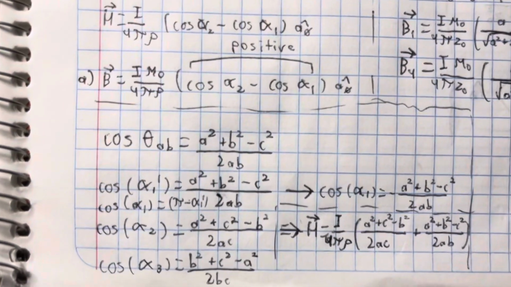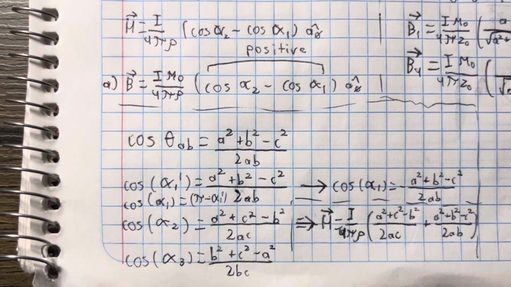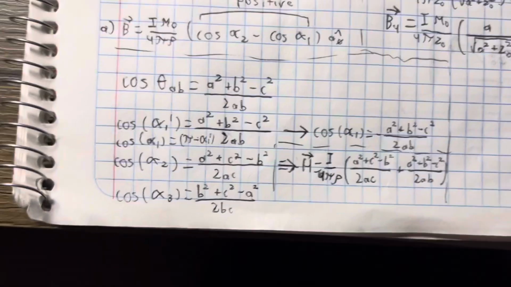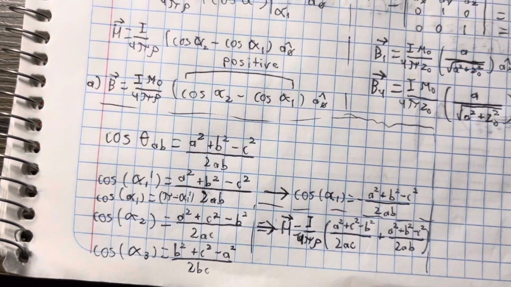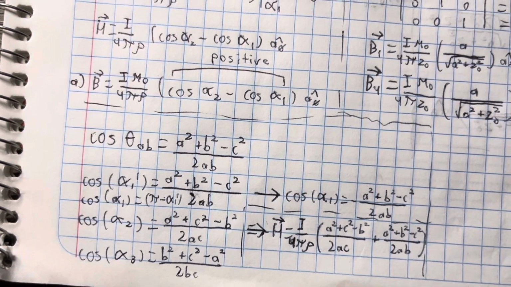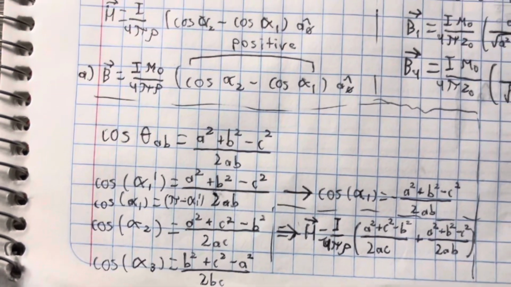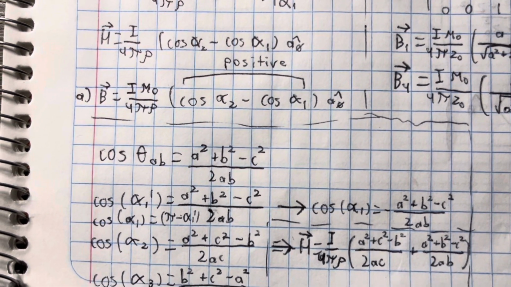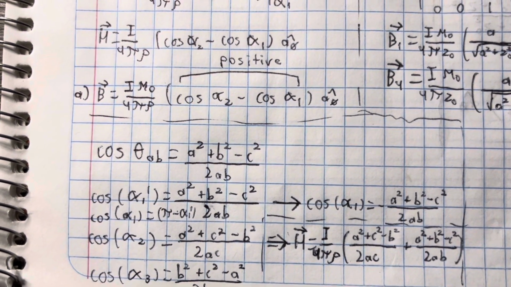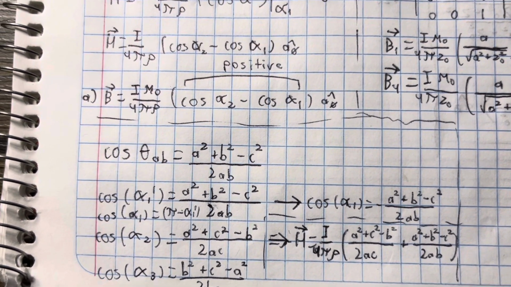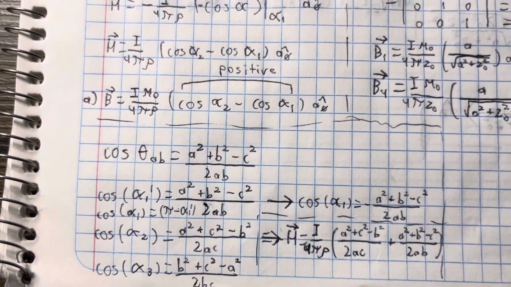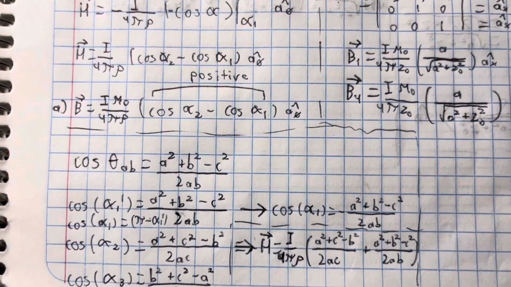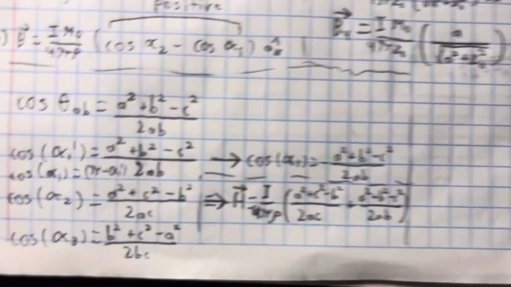Cosine of alpha 3 we don't need. But cosine of alpha 2 was basically this, and cosine of alpha 1. To get cosine of alpha 1, we just have to use cosine of pi minus alpha 1 prime. That would give us that cosine of alpha 1 was basically minus cosine of alpha 1 prime, and that's why it only changes the sign here.